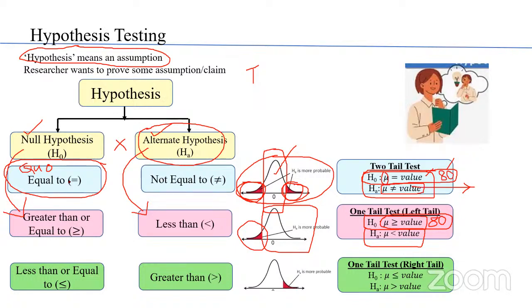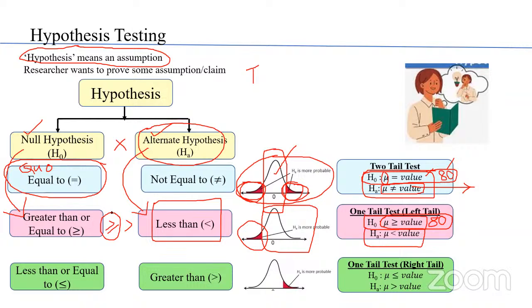So in the case of the null hypothesis for a one-tail test, if it is only less than, then we should consider it as the alternative hypothesis. The opposite of that is not simply greater than, it should be greater than or equal to. Suppose you take a newborn baby, usually that should be 3 kgs.